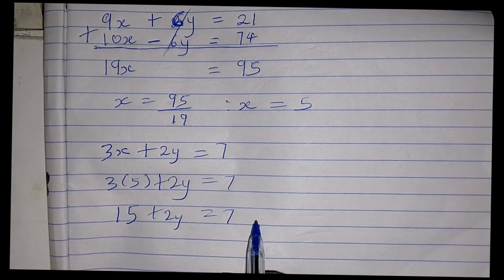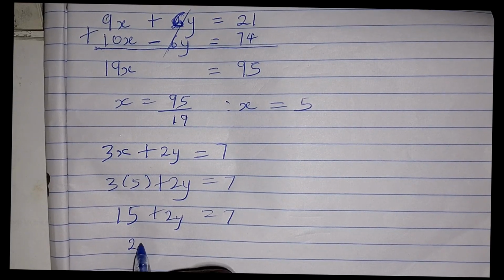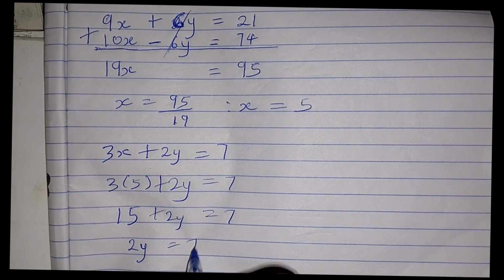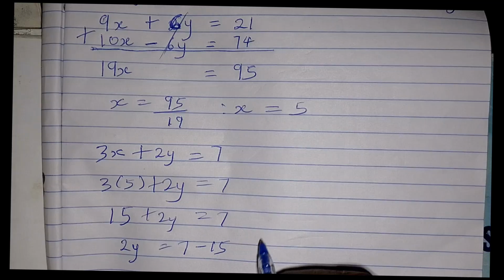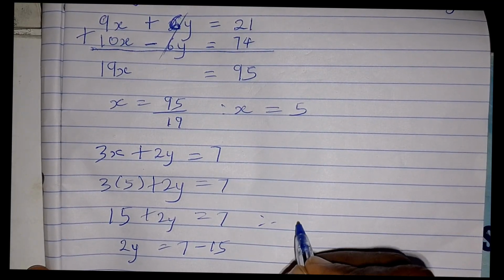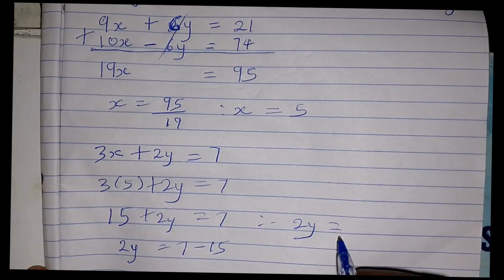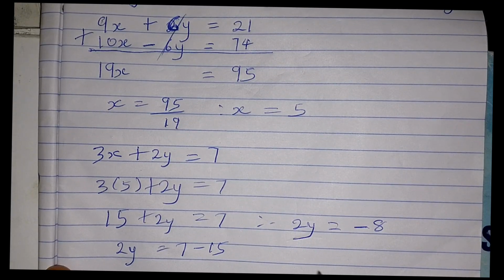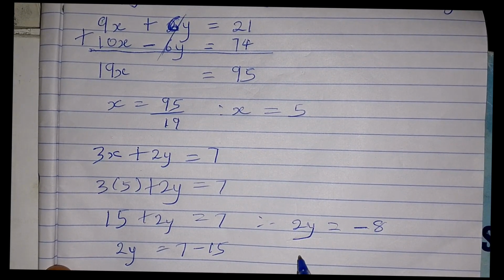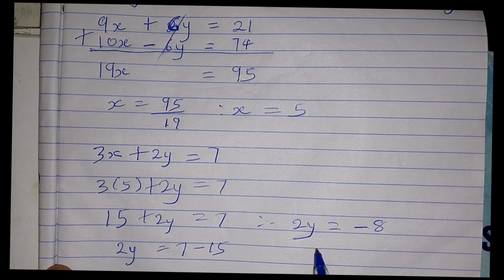We move 15 to the right hand side. So 2y equals 7 minus 15. And so therefore 2y will give us minus 8. So we need to divide both sides by 2.